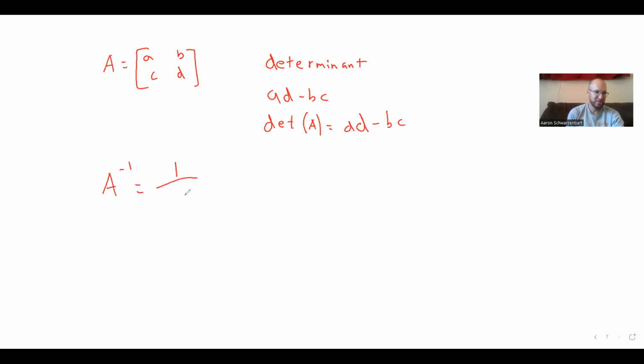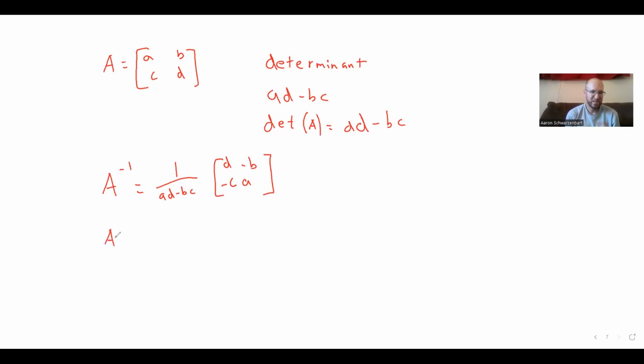The determinant is a single number, it's a scalar, multiplied by this matrix. We switch A and D, we take B and C, and we make them negative. And that's the inverse matrix.